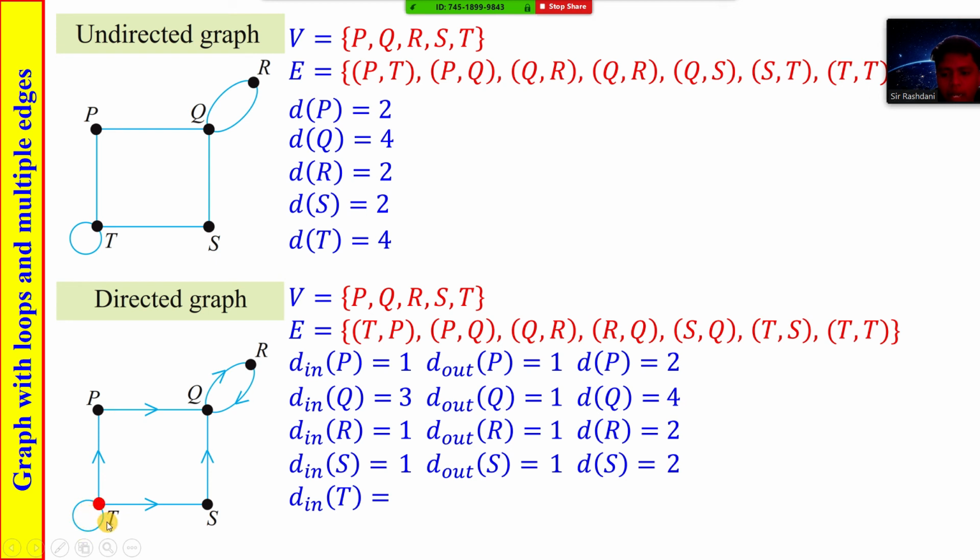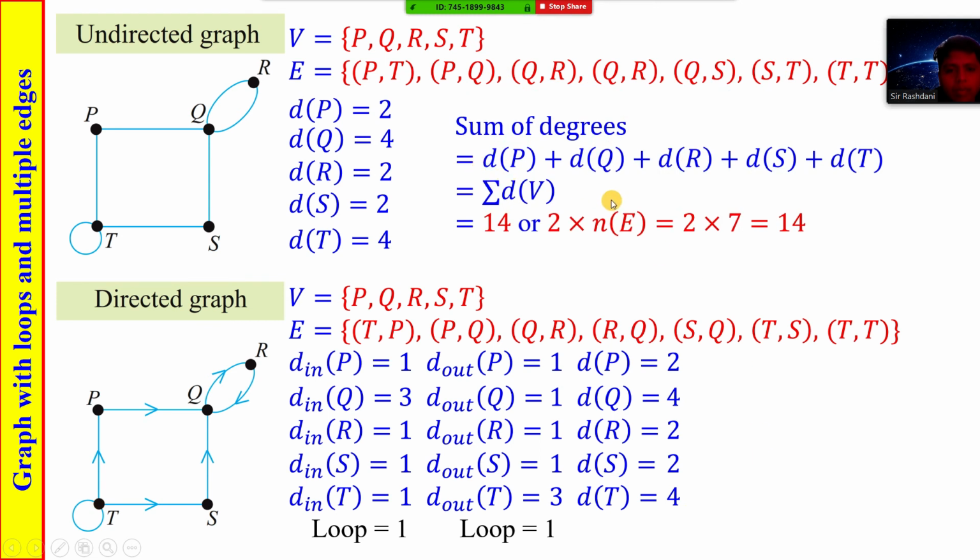We go out and come back in, so we get 1 only. And then degree out, we have 1 out, 1 out, 1 out, so we have 3. So the total degree of T will be 4. So the sum of degrees, we just add all the degrees of each vertex, so we will get 14.